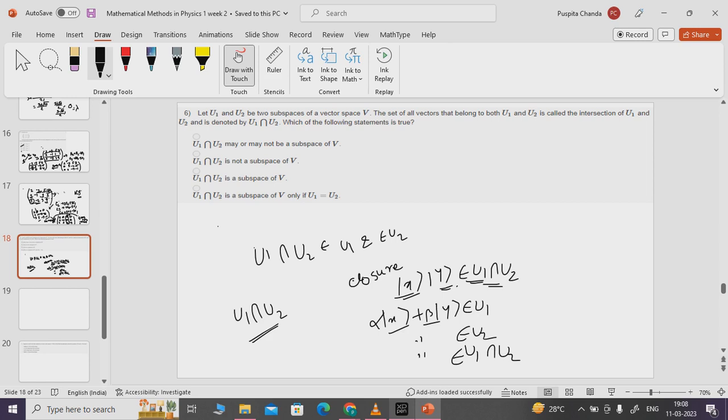Good, no problem. Identity: the zero vector is the identity.